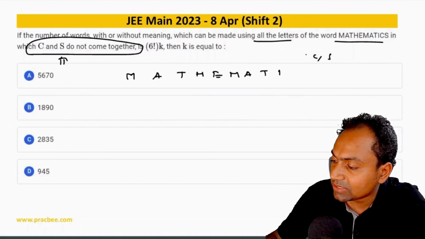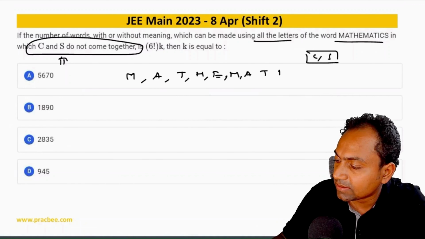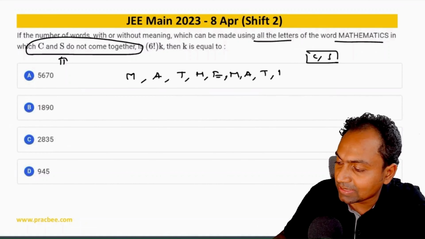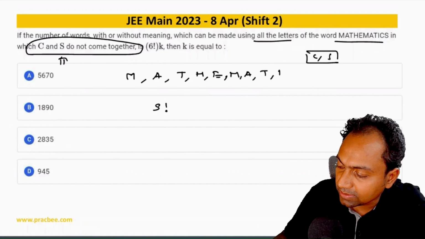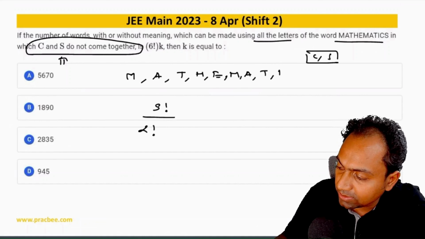C and S we do not need to include. So these are the letters that we can arrange. If I arrange these 9 letters, the total ways are 9 factorial. Since there are 2 A's, divide by 2 factorial. Since there are 2 M's, again 2 factorial. And since there are 2 T's, then 2 factorial.